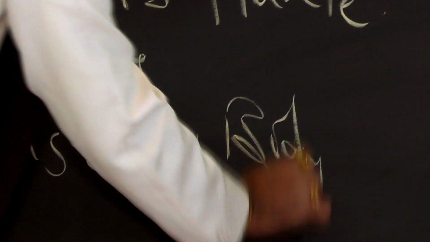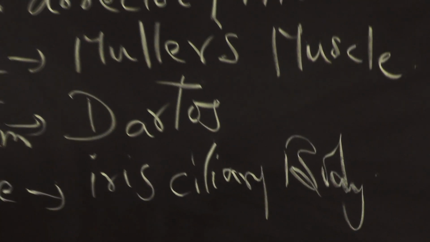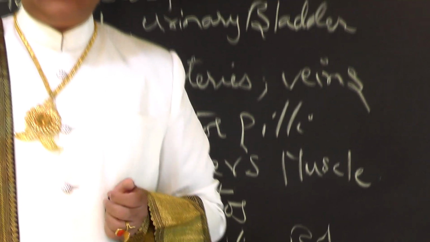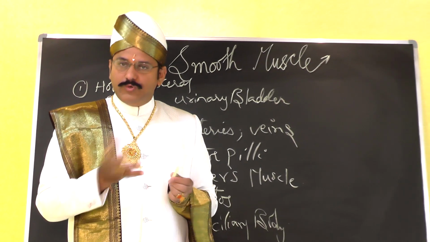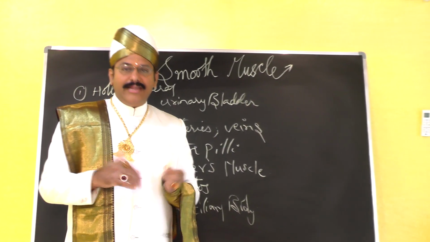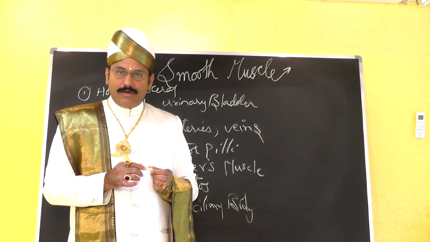So in all these areas, the smooth muscle is present. Now you should understand the arrangement of the smooth muscle is different in different systems of the body.